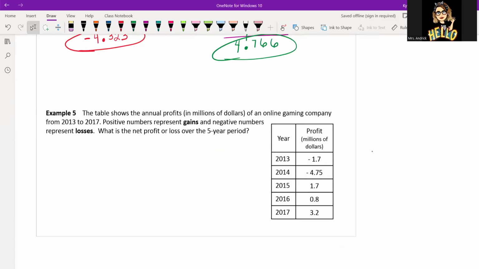For this last one, we have a chart where positive numbers mean gains, negative numbers mean losses, and we want to find the net profit. That means just add them all up. We're going to write them in order exactly how we see it: negative 1.7 plus negative 4.75 plus 1.7 plus 0.8 plus 3.2.